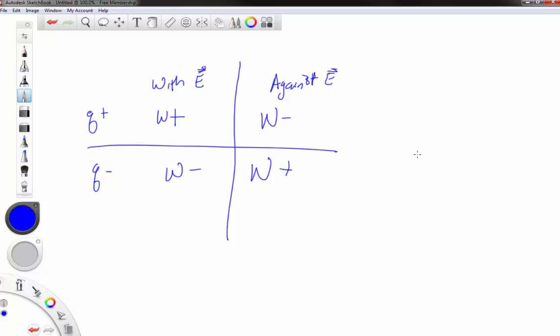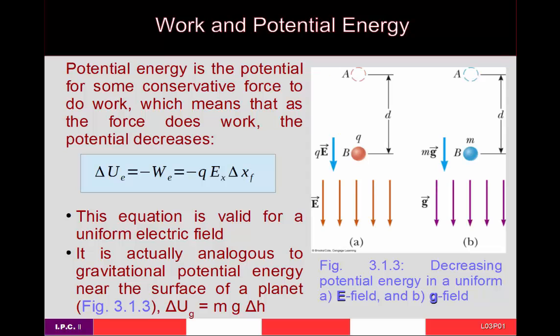So this is our basic sign convention in electrostatics for determining whether the amount of work done is basically increasing, let us say, the kinetic energy and therefore decreasing the potential energy, or vice versa. So let's talk about how this pertains to potential energy.